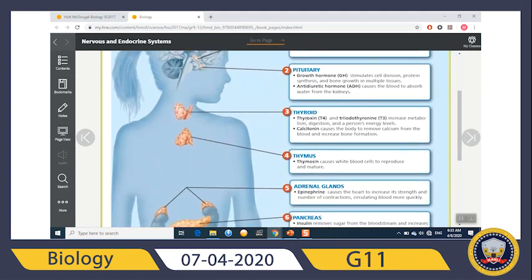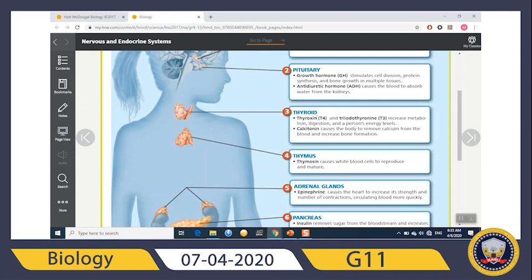Now, thyroid glands are responsible for producing thyroxine, or T4, or T3, or calcitonin. Increased T4 and T3 increase metabolism, digestion, and a person's energy levels.